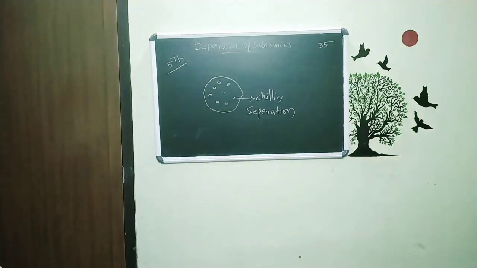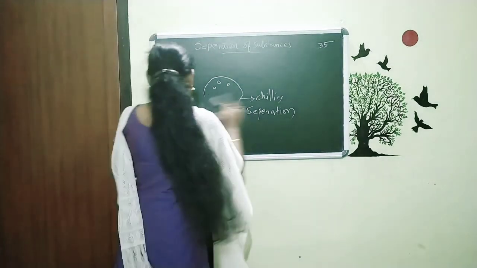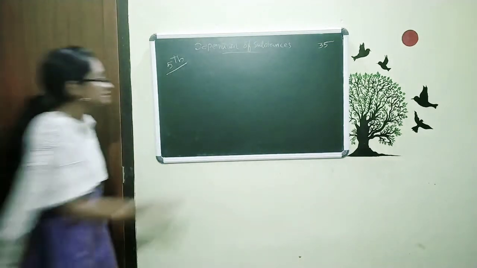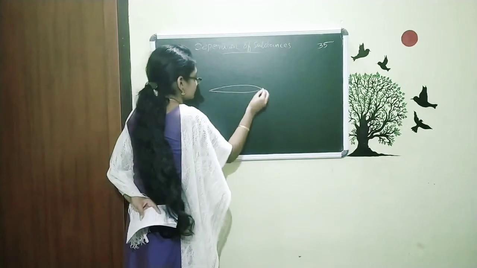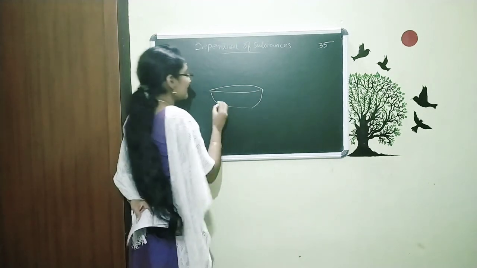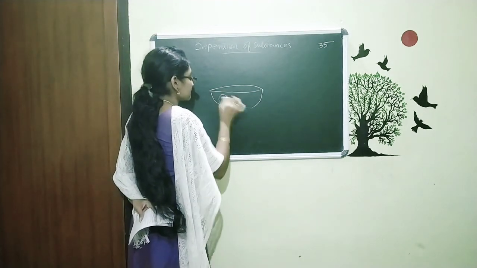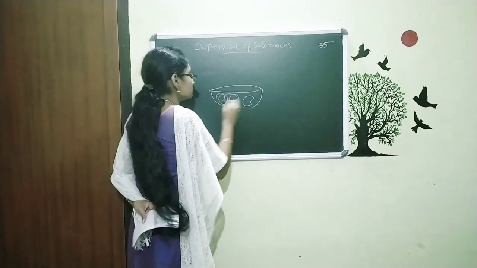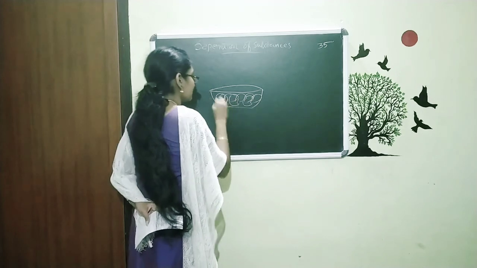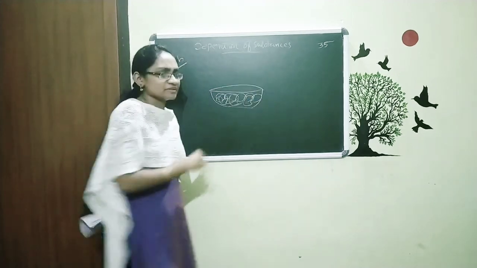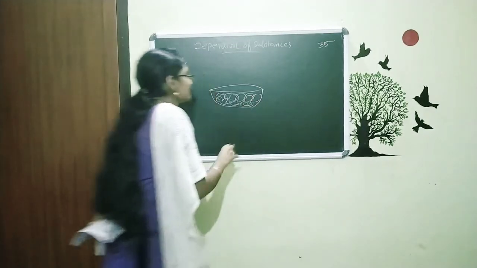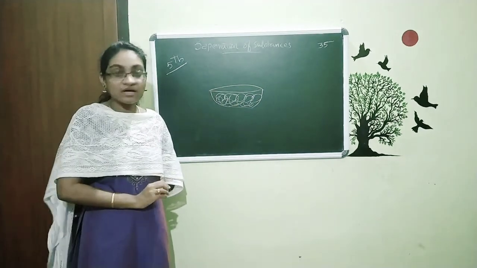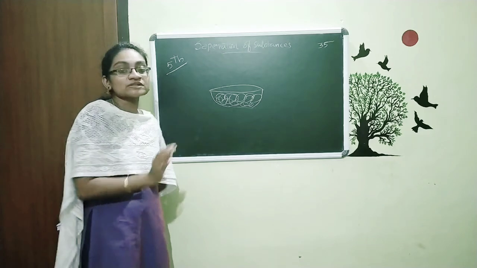And now we are looking at another example. In a basket, I have a number of mangoes and some guavas are there. Any number, I don't know what the number is. So a basket has mangoes and guavas present. How do you separate these mangoes and guavas?